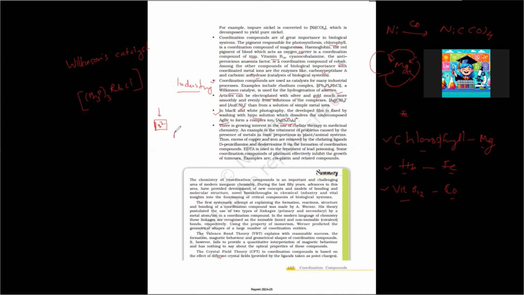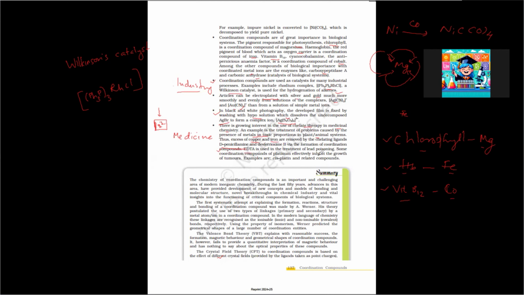And now coming to the application in medicine. Nowadays chelate therapy is useful in medicinal chemistry. For example, if toxic metals are present in a plant or animal system, we use chelating agents to remove these toxic metals. Excess copper and iron, if present, is removed by the chelating ligands D-penicillamine and desferrioxamine B. They form coordination compounds and take these metals away from the biological system.